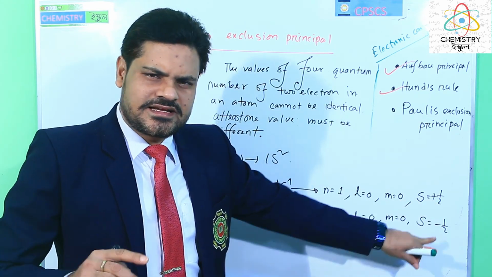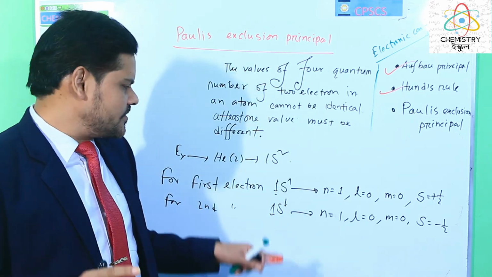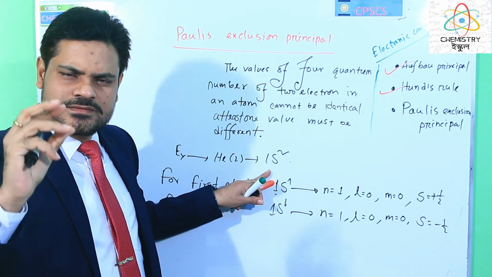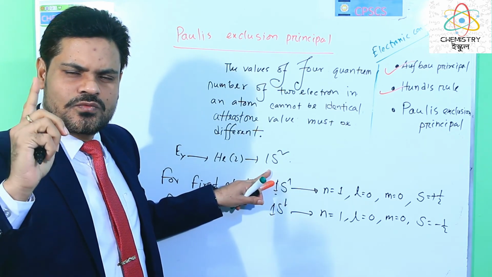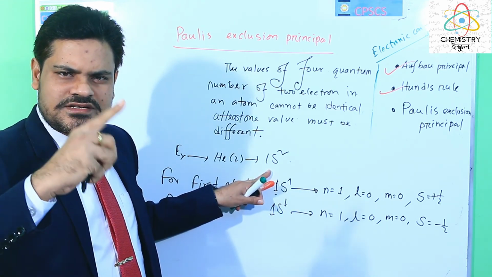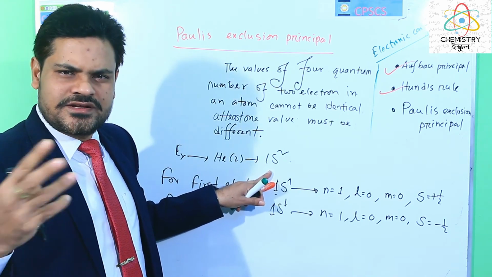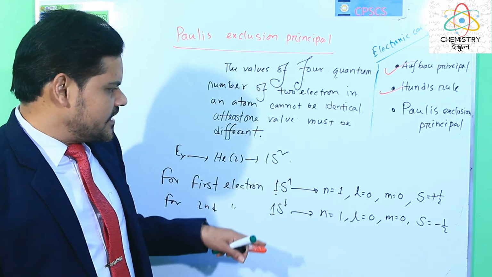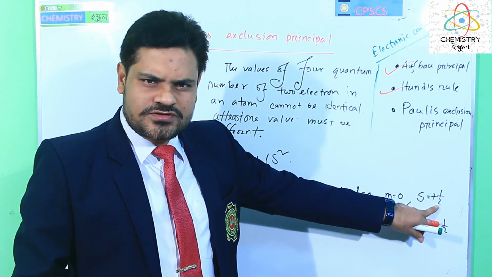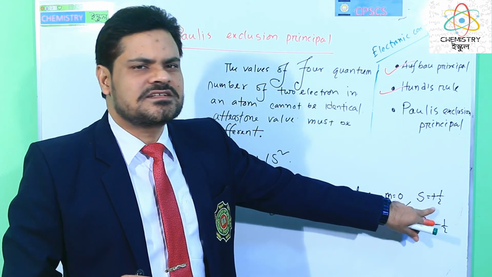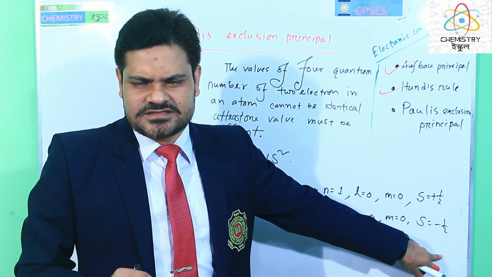This orbital has maximum capacity to hold 2 electrons. One electron just rotates on its own axis clockwise, and the other electron anti-clockwise. That is why if you write plus half for the first electron, then the second electron is minus half. If you write minus half for the first electron, then the second electron is plus half.